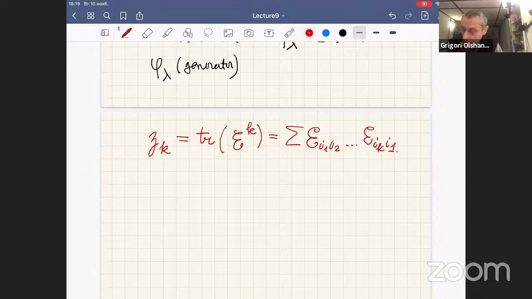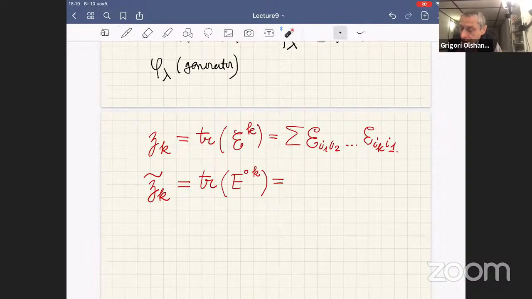Now one can apply exactly the same construction to get central elements directly in the universal enveloping algebra, as follows. Which means that we take the same elements as here, but we consider them as elements of the universal enveloping algebra.